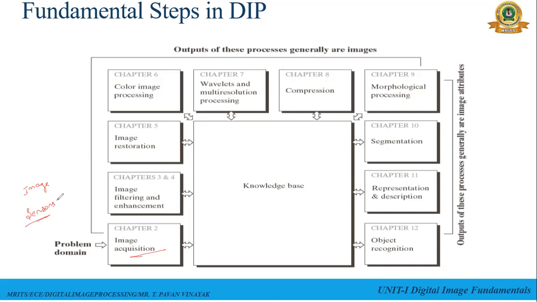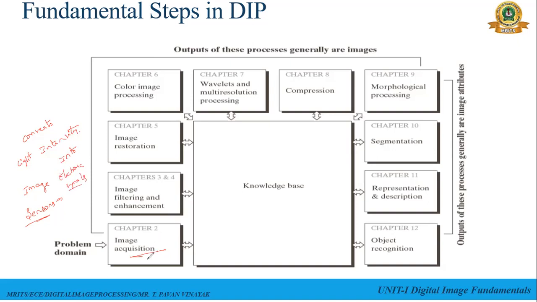What is the purpose of a sensor? It converts one form of energy into another form of energy. The image sensor converts light intensity into electronic signals.